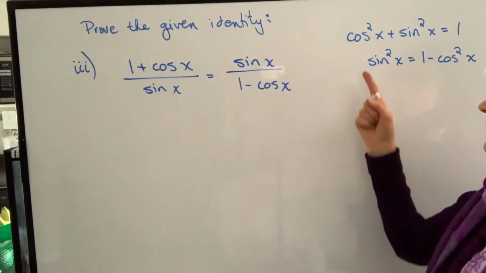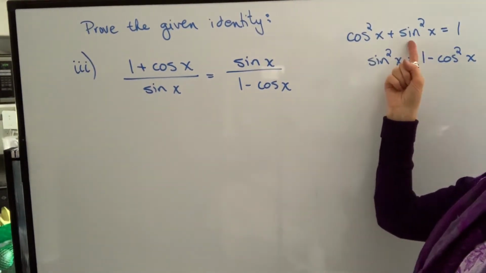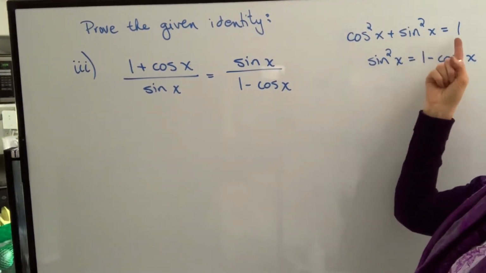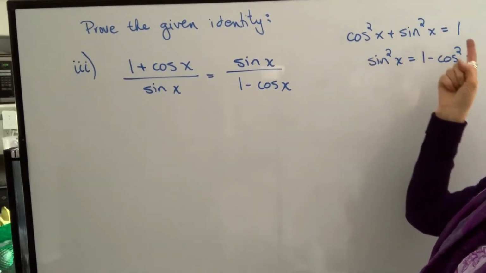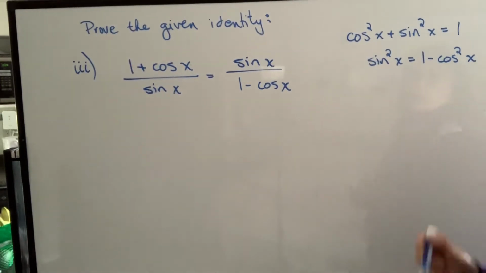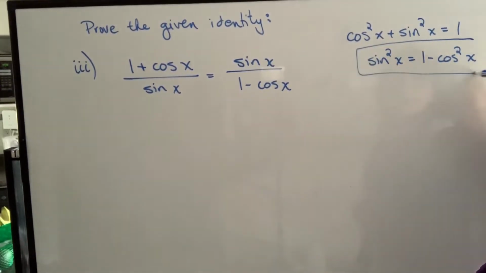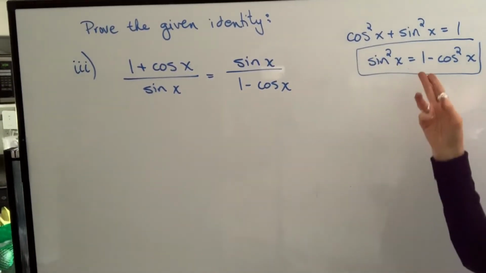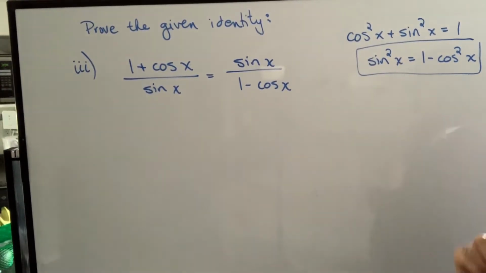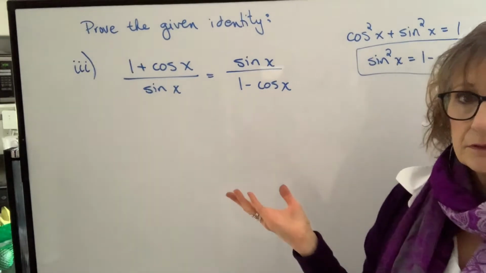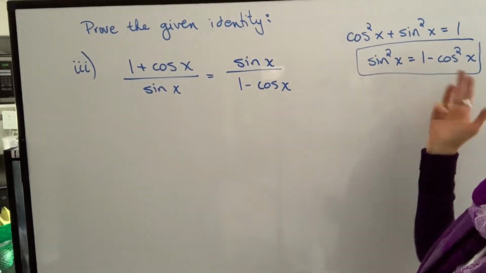And I'm going to use my Pythagorean theorem, cos squared x plus sine squared x equal to 1. And I'm going to isolate sine squared x by subtracting cos squared x from both sides. So I'm going to use the identity to replace this expression with this. And you might look at this and say, well, Laurel, you don't have this.